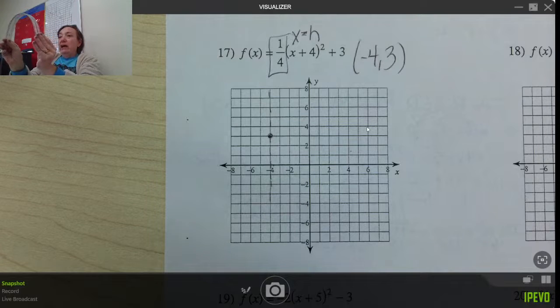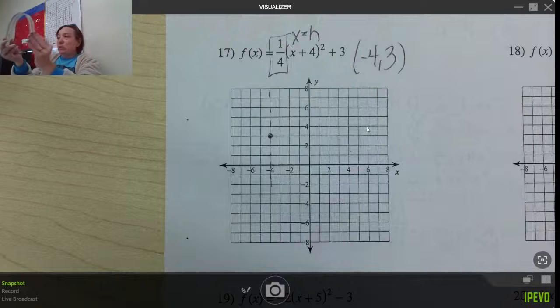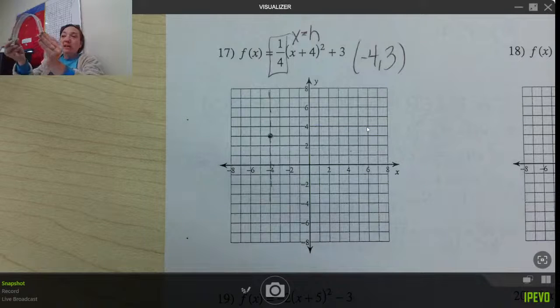If I bend this real close like this, that's far away from 0, right? Far away from 0. But the closer I get to 0, the closer I get to it being a horizontal line, what happens to its shape? It gets wider.